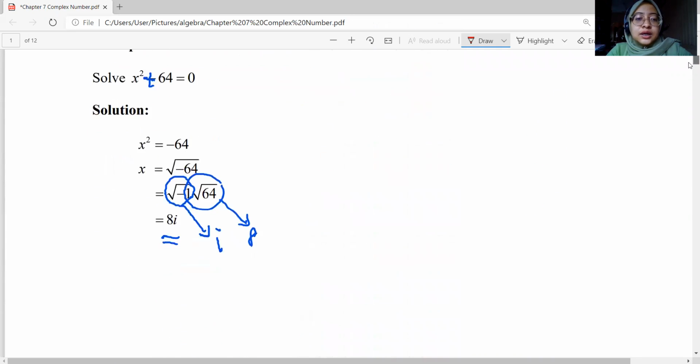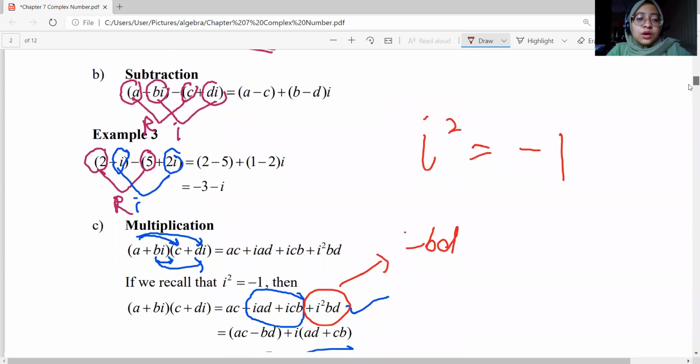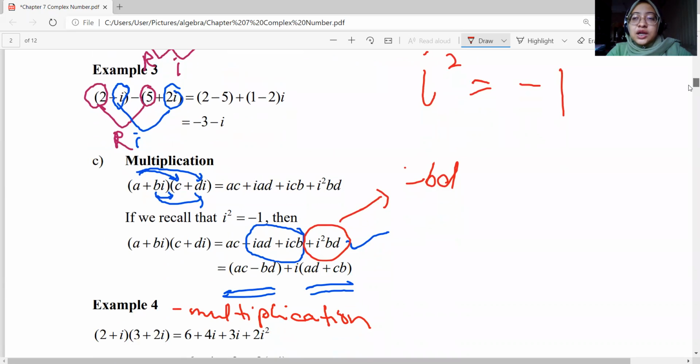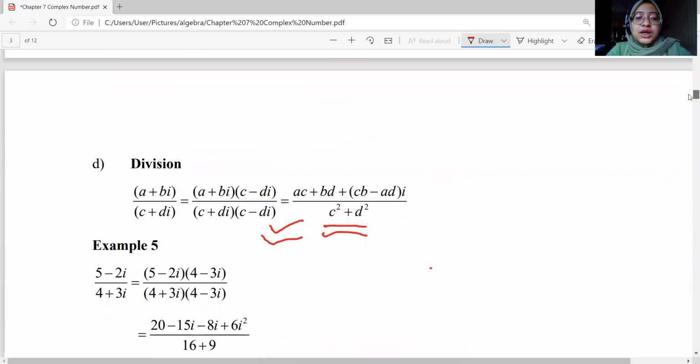And then, for multiplication, if you find that it has an I square value, you have to replace it with -1. Meanwhile, division involves multiplying with its conjugate for rationalizing the denominator.